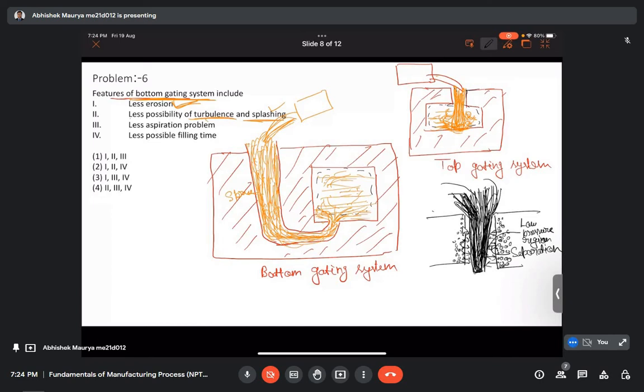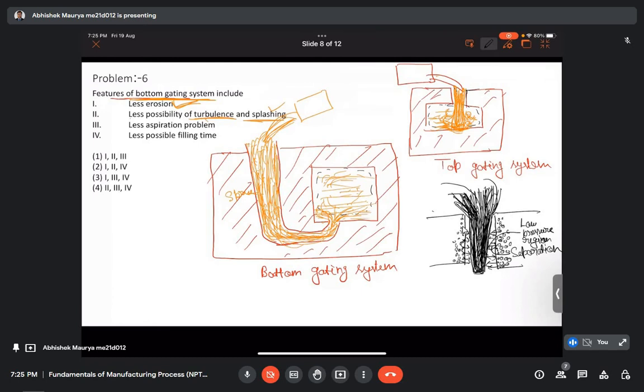And we don't desire this. We always want our molten metal to be free from gaseous defects or gaseous inclusions, because otherwise they will form blowholes.